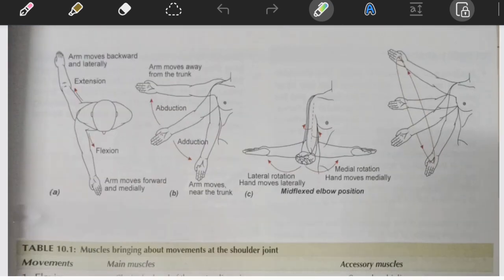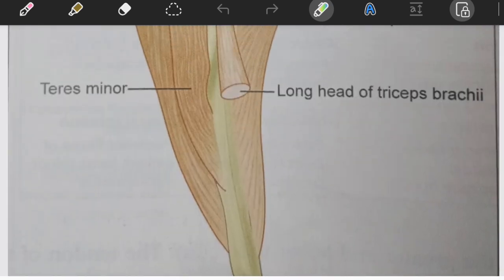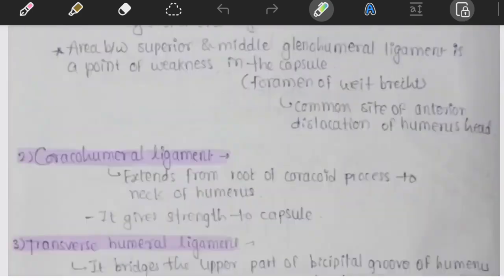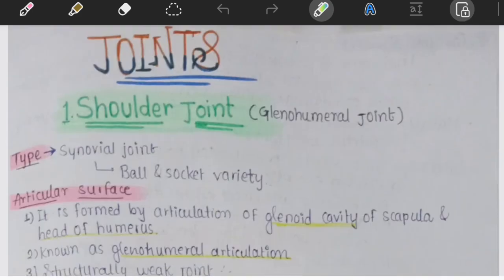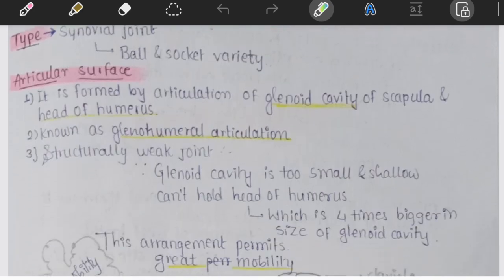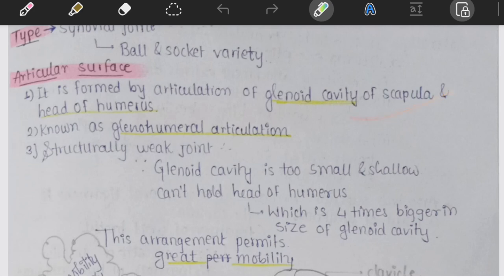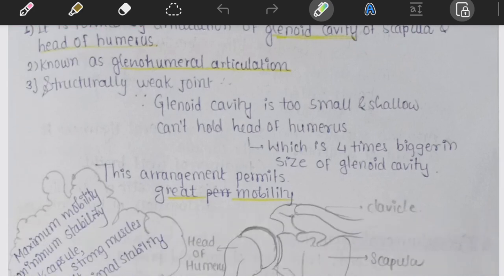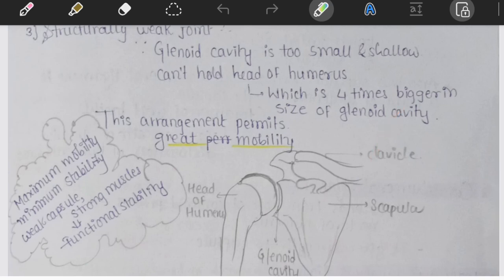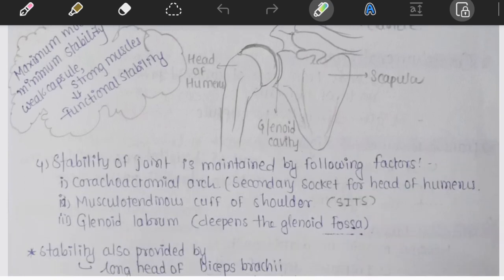Let's do the rapid revision. Before ending, let's revise in 1 minute. Type of shoulder: ball and socket. Articular surfaces: head of the humerus and glenoid cavity. Most important stabilizer: the rotator cuff muscles. Weak area: foramen of Weitbrecht.